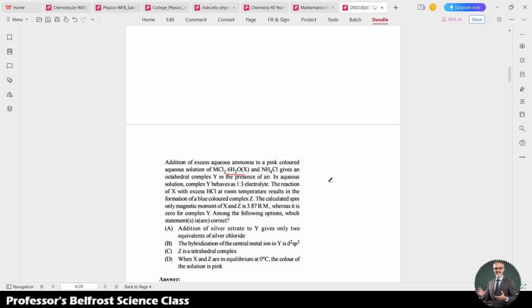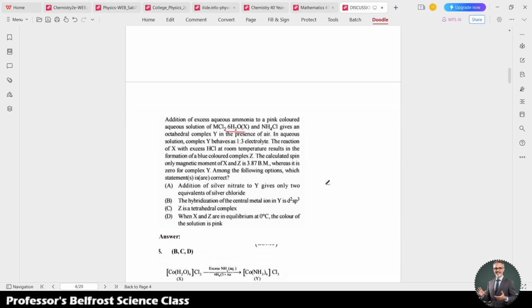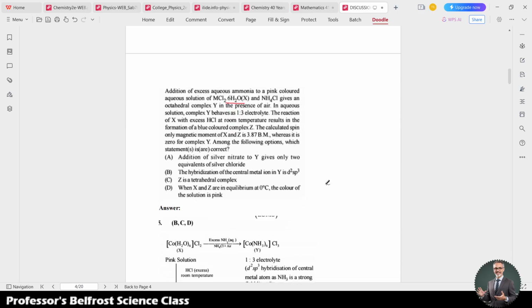In aqueous solution, the complex Y behaves as a 1:3 electrolyte. The reaction of X with excess hydrochloric acid at room temperature results in the formation of blue colored complex Z. The calculated spin only magnetic moment of X and Z is 3.87 BM, whereas it is zero for complex Y. Among the following options, which statements are correct? M here is some element that we still don't know.